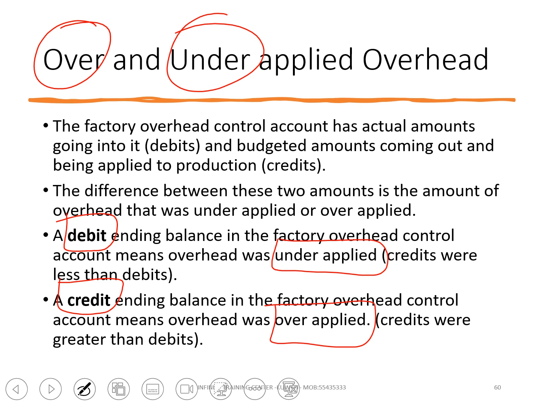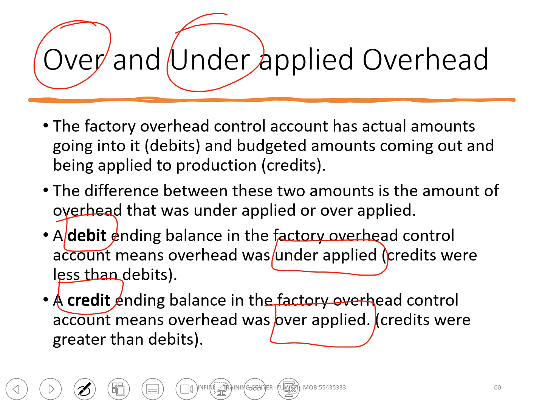It can be debit or it can be credit in your overhead control account. And we said when it is debit it means you have under applied. All the cost has not gone to your work in progress. If it is a credit balance it means you over applied and more of the cost went to work in progress than you actually spent.